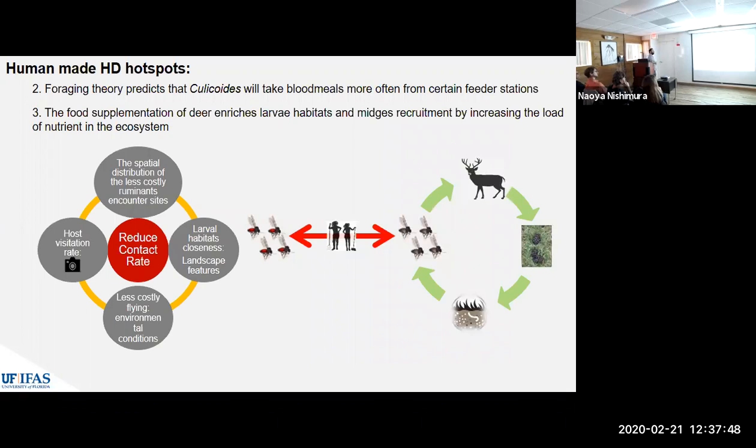Taking that into consideration, we started to continue with that experiment, trying to understand how foraging theory can explain why Culicoides are exploring one feeder more than the others, and also how food supplementation could increase and enrich the larval development sites, which would increase the chances of transmission, because the density of Culicoides would also increase.